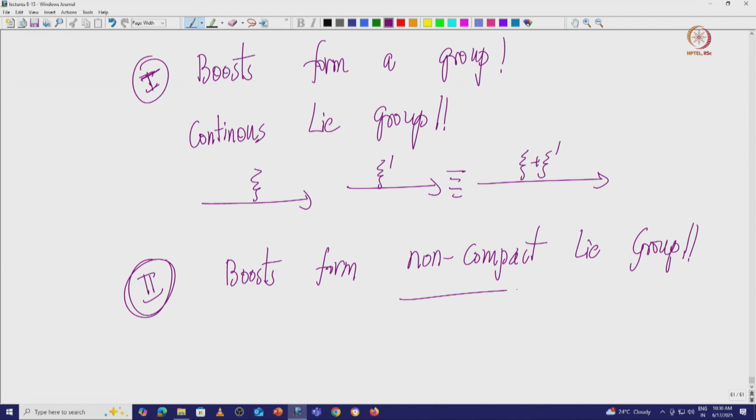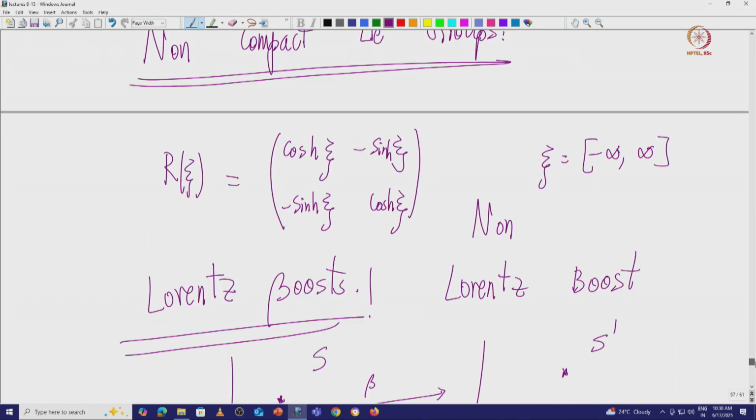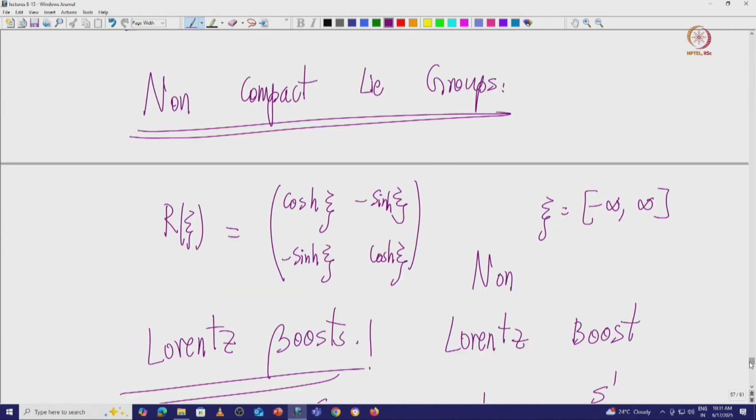Why is it non-compact? The domain of the boost is minus infinity to plus infinity, because the boost can be thought of as v by c. So you can have a very large amount of boost, and as you approach the velocity of light, the boost becomes infinity.